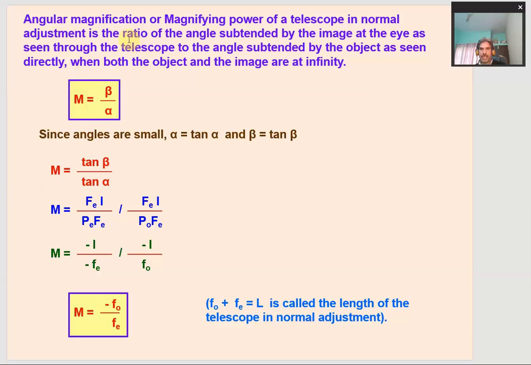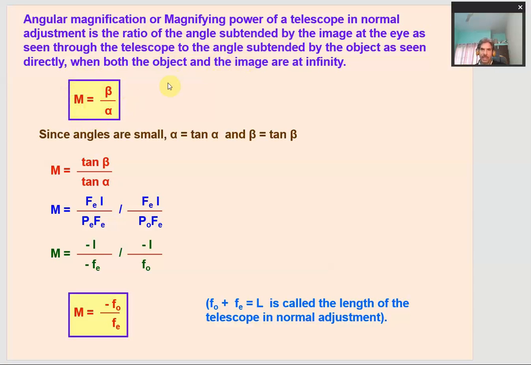It is defined as the ratio of the angle made by the image at the eye as seen through the telescope, to the angle made by the object as seen directly, when both object and image lie at infinity. The object already lies at infinity, and in this case the image is also at infinity. In that case the ratio of the angle subtended by the image to the angle subtended by the object is called the angular magnification of the telescope in normal adjustment.